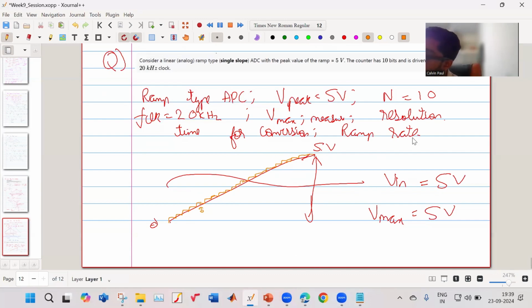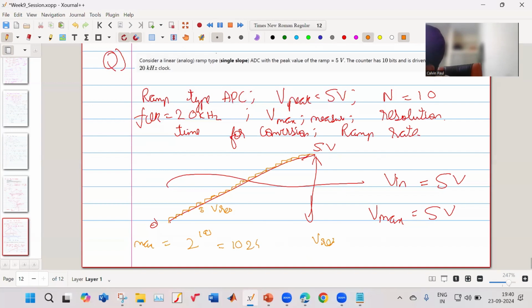First, because it is 10 bits, the maximum is 2 raised to 10, which is 1024. It can count maximum to 1024. The small step is your resolution.